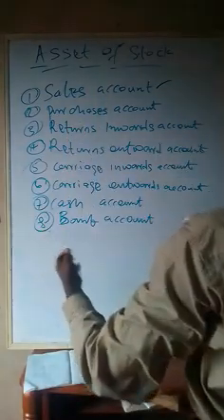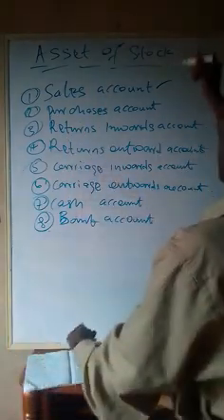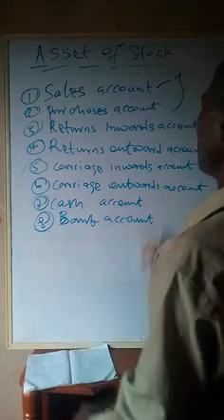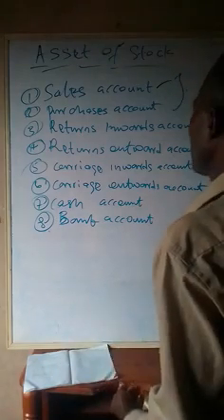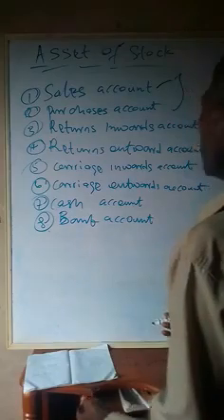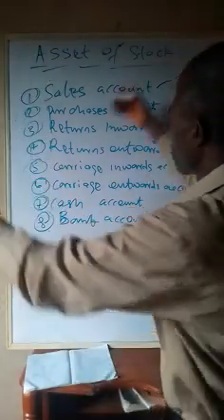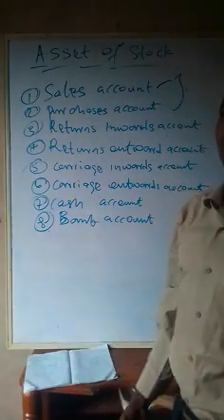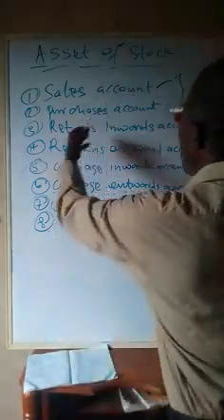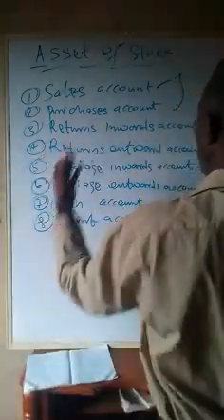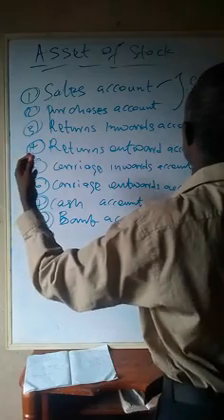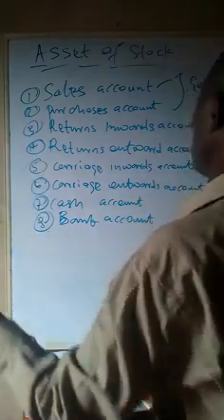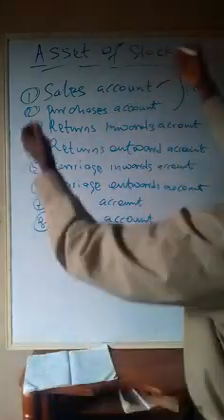Purchase account. Before that, let me clear you on this. Sales account and purchases are the goods. That's why you hear goods costing so amount are sold, purchases, goods costing so amount were bought. That is goods. What we call goods is still stock.